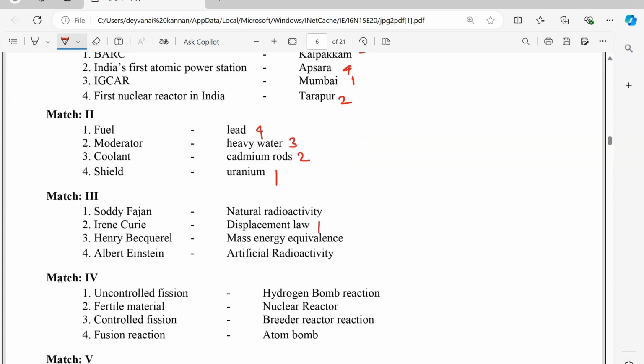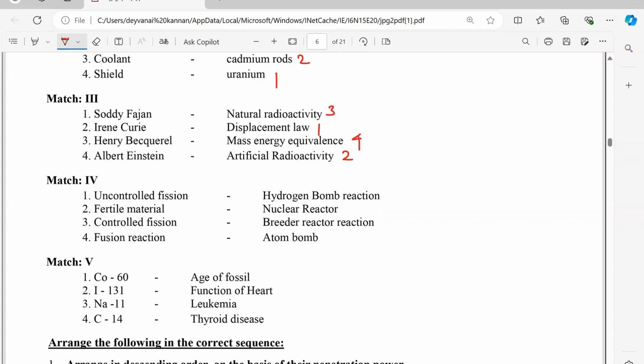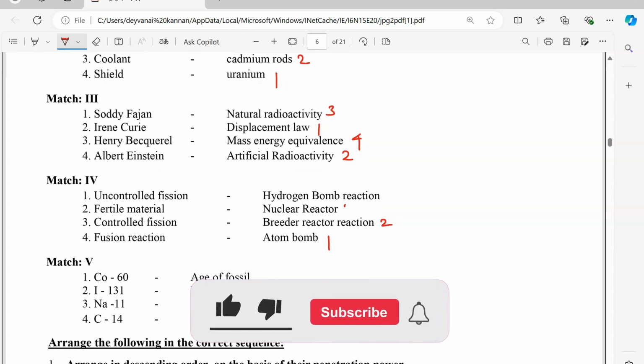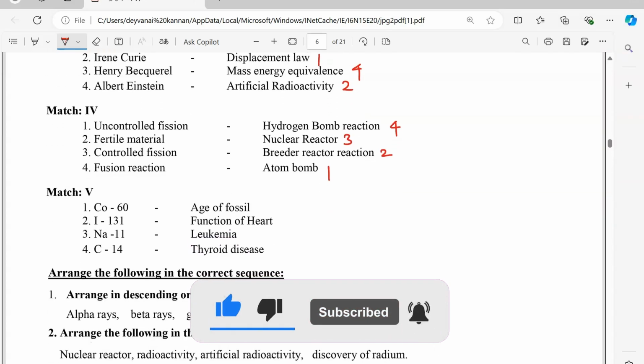Irene Curie, artificial radioactivity. Henry Becquerel, natural radioactivity. Albert Einstein, mass energy equivalence. Uncontrolled fission, atom bomb. Fertile material, breeder reactor reaction. Controlled fission, nuclear reactor. Fusion reaction, hydrogen bomb reaction.